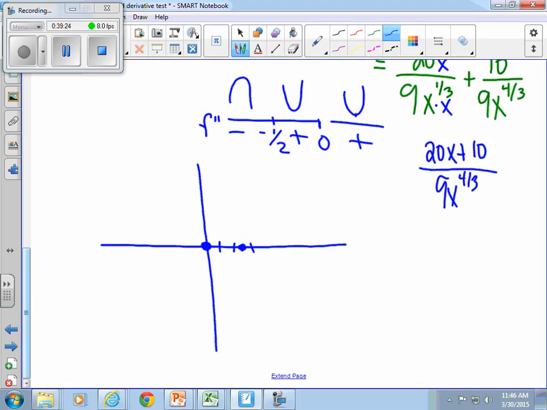And then I had a relative maximum at, what was my maximum? (0, 0). And then what about my relative minimum? (1, negative 3).